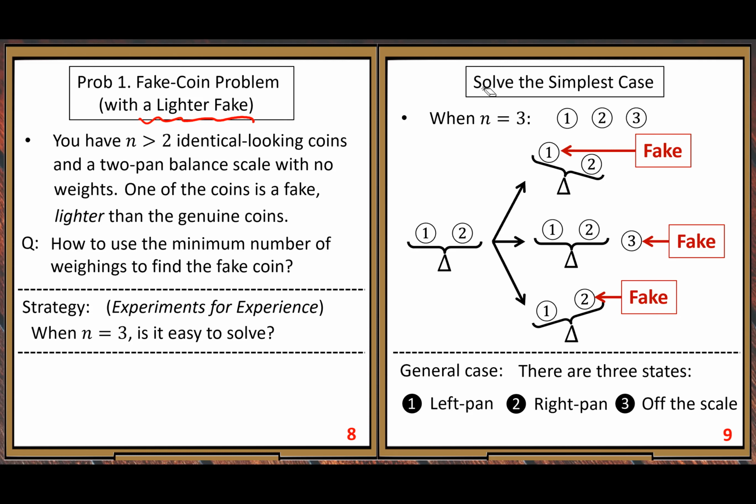We need to consider 3 different states. But when we have the freedom to distribute all the coins among these 3 states, the question is, what is the best way to make the distribution? Think about that.